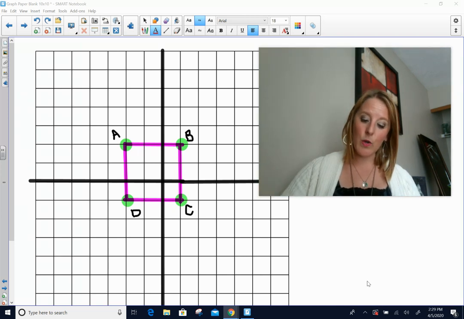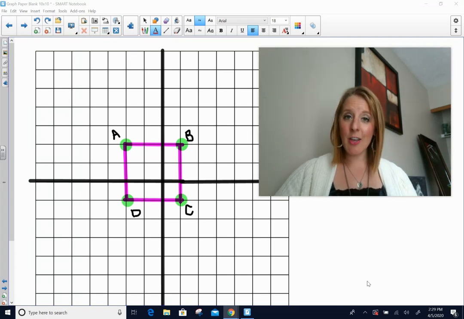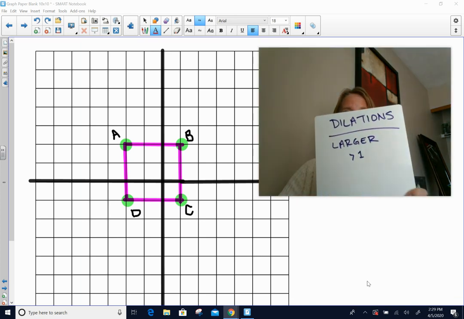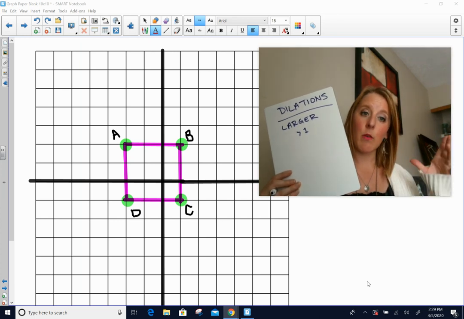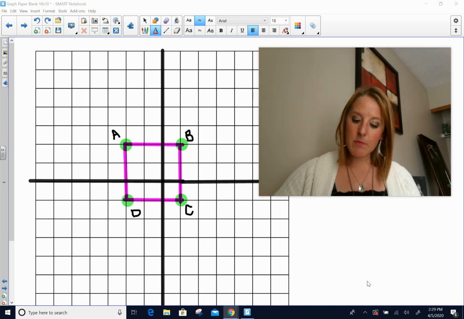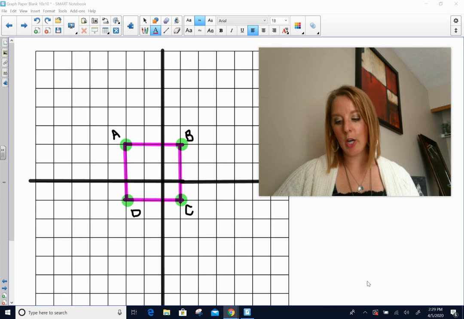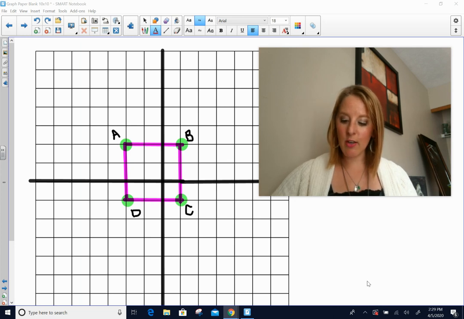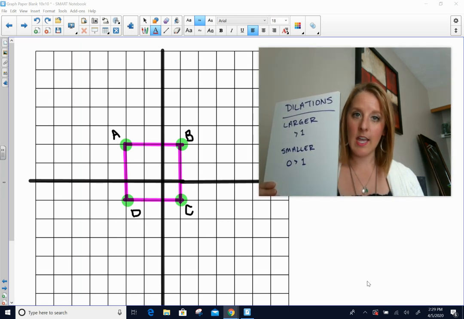So when you are making something larger, you'll know it's supposed to be larger because your scale factor should be greater than 1. The scale factor for a dilation that is going to grow in size should be a number bigger than 1. When something is going to shrink, or if you're going to make it smaller, then your scale factor should be between the number 0 and 1.